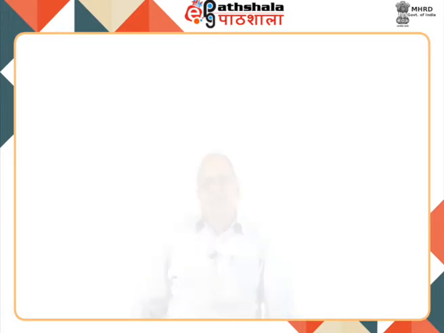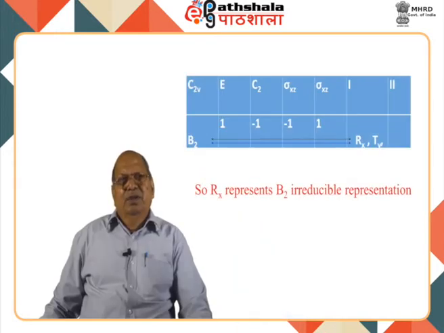First, let us take Rx, Ry, Rz rotational vectors as the basis and find the irreducible representations. Let us take the Rx rotational vector. First, see for which irreducible representation it is the basis. In the character table, if we look for B2, what do you find? You go from B2 to column 1, and you find here it is Rx or Ty.